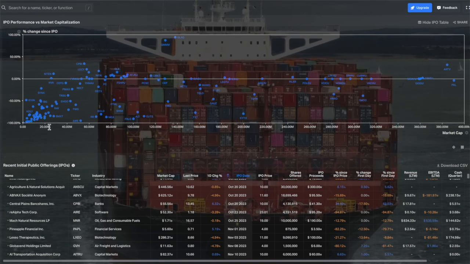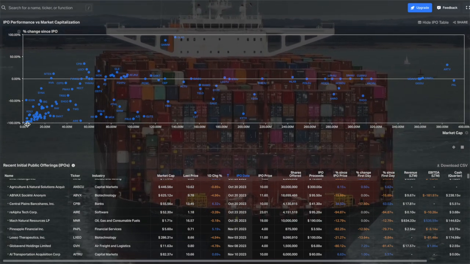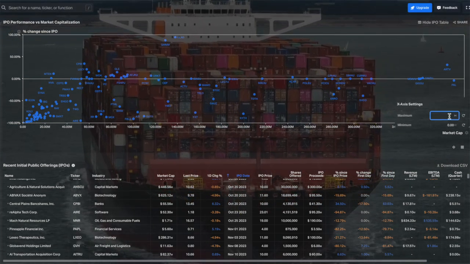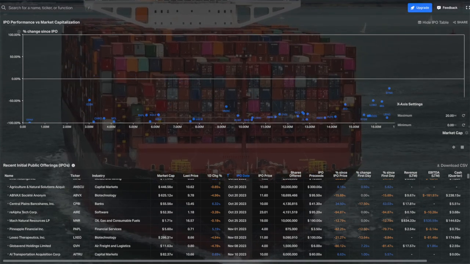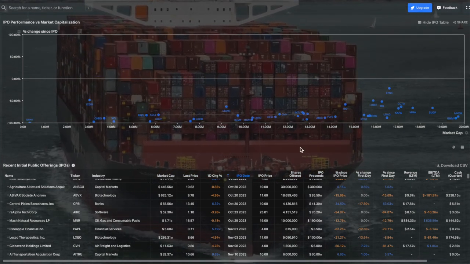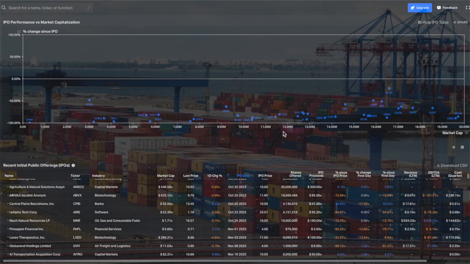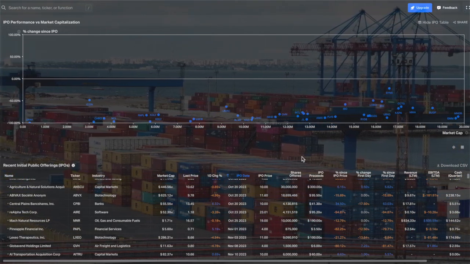And if we look at anything below 20 million, they've all gone to zero. That's insane. They've all hit minus 99%, which means they've all gone to zero.